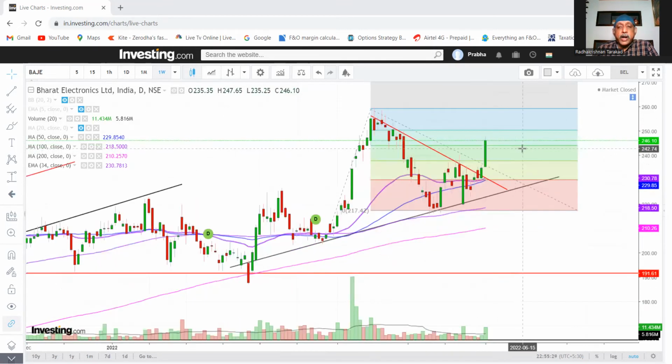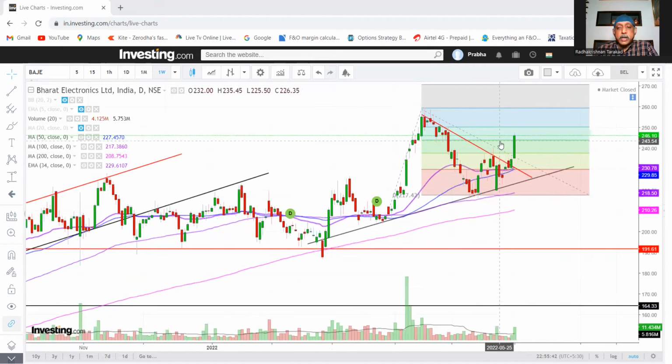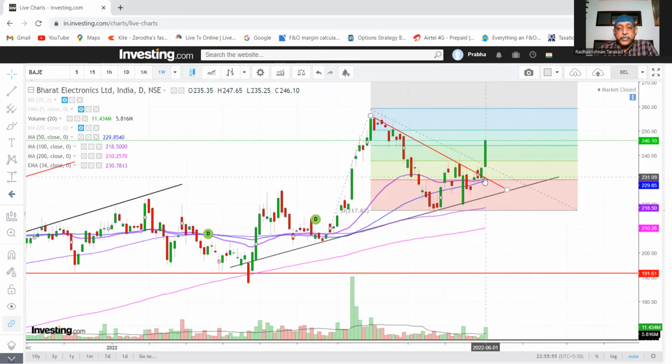Now, why will this stock be considered for a trade or an investment is the question. The criteria, besides the Fibonacci golden ratio criteria that it meets, there are multiple moving averages that it has respected. The first thing is that the price is above all the moving averages. So that is one big green tick that one has to accord.